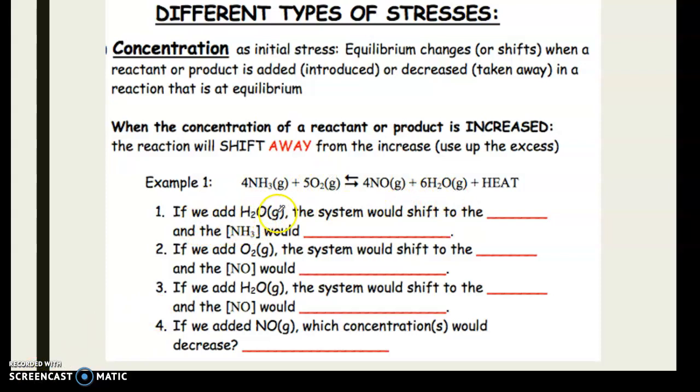So if we add H2O, H2O is on our product side, so we're going to shift away from that. Because H2O is on our product side, we're going to shift towards our reactants, right?